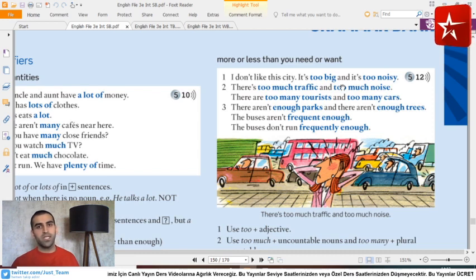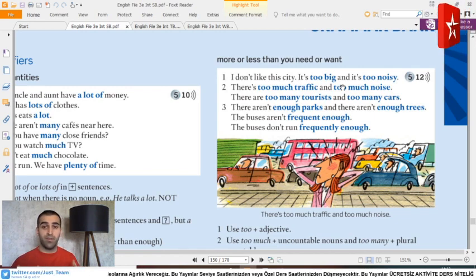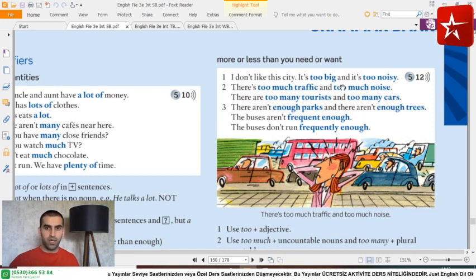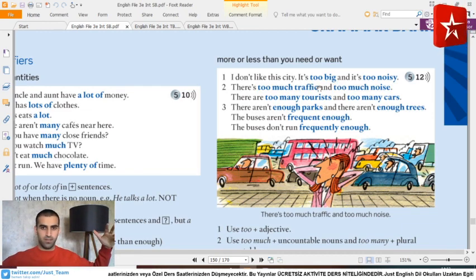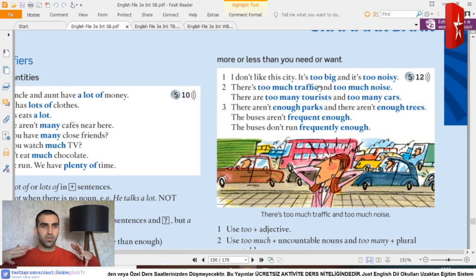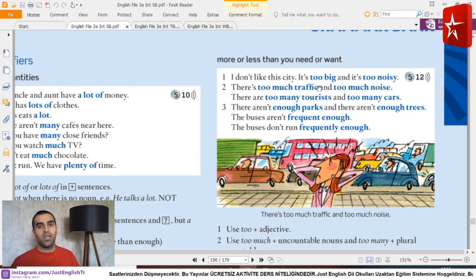If something is more than we want or more than we need, we write too in front of big. It is too big. We exaggerated. We made it bigger. It sounds like bigger than normal, bigger than enough. I don't like this.